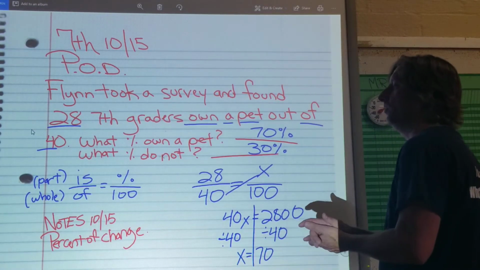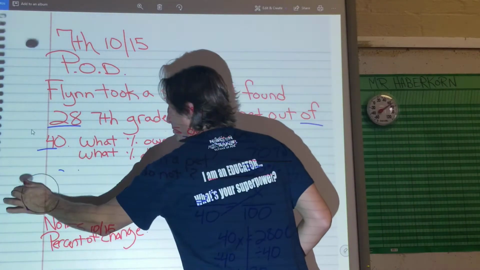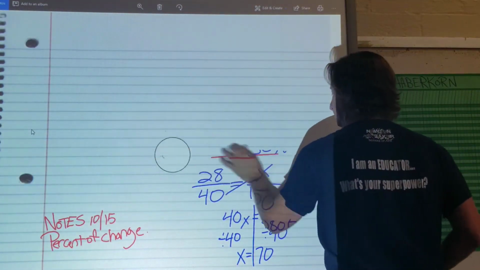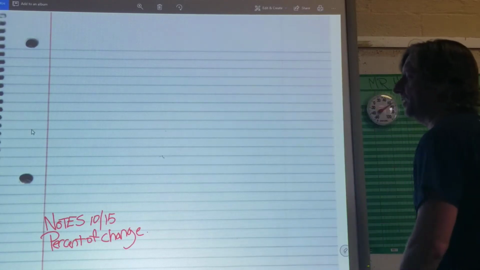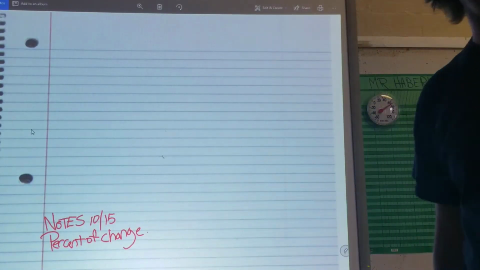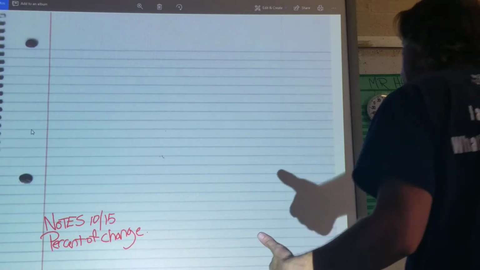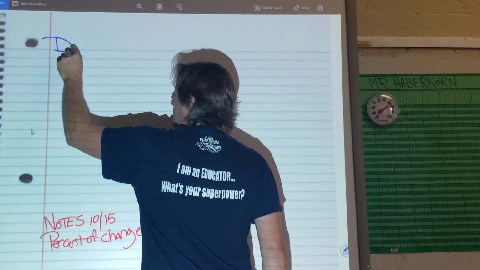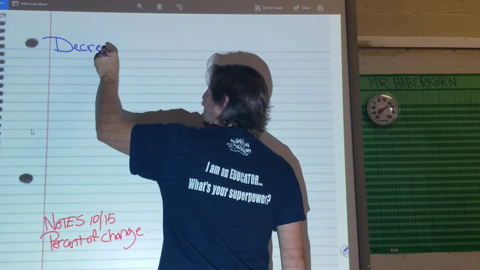Okay, moving on. New notes today. All right, percent of change. So this is how many percent a number goes up or how many percent a number goes down. And they use two words. They use decrease. Let's write this down.